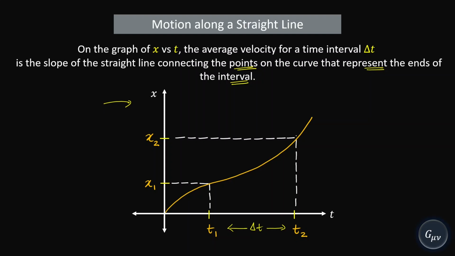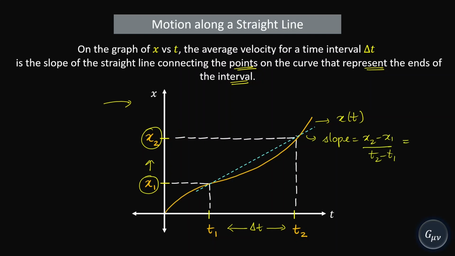The particle has moved from a position x1 to a position x2. This curve x of t gives us the position of the particle at each instant of time. The slope of this line is (x2 minus x1) divided by (t2 minus t1). And this is nothing but the slope, which is nothing but the average velocity.